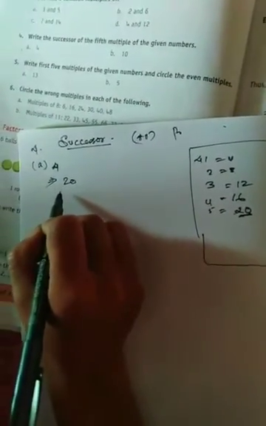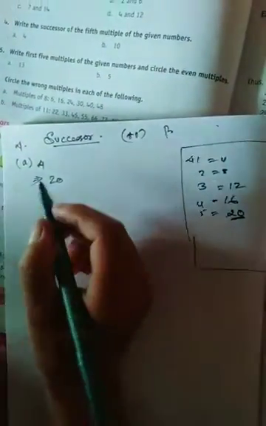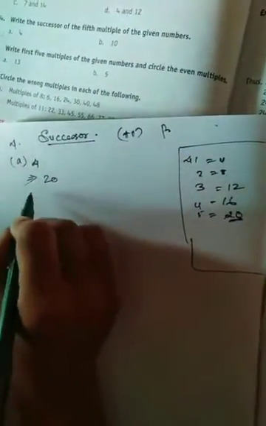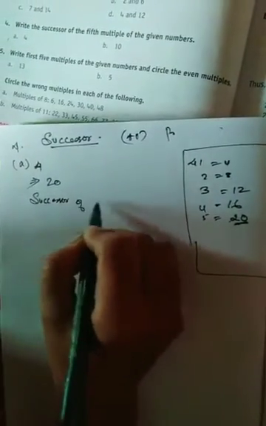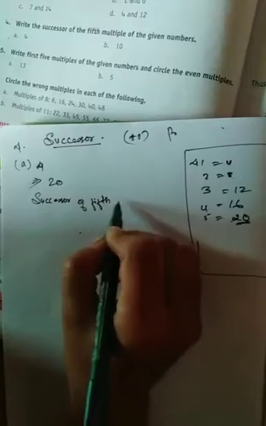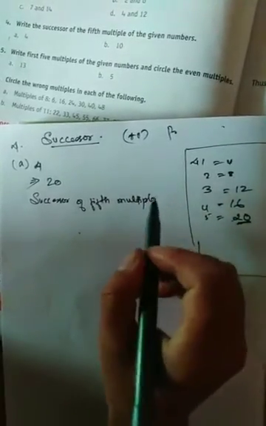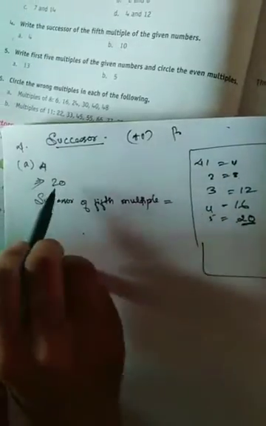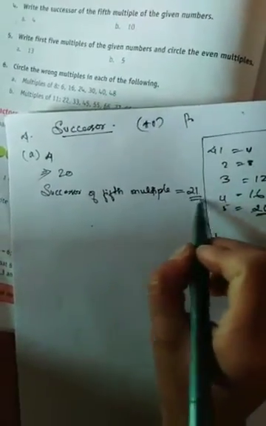Let's write the successor of the fifth multiple. The successor will be plus 1, right? 20 plus 1 will be 21. The successor of the fifth multiple is 21.